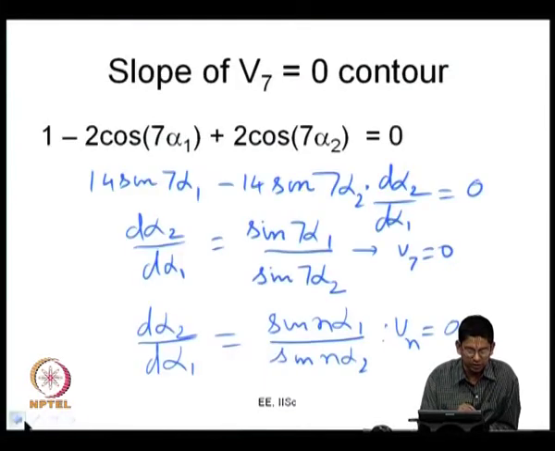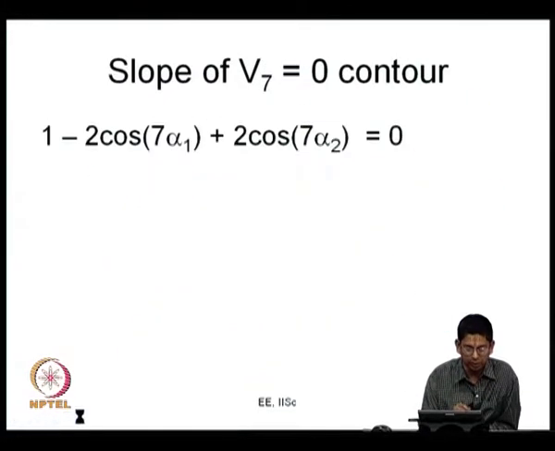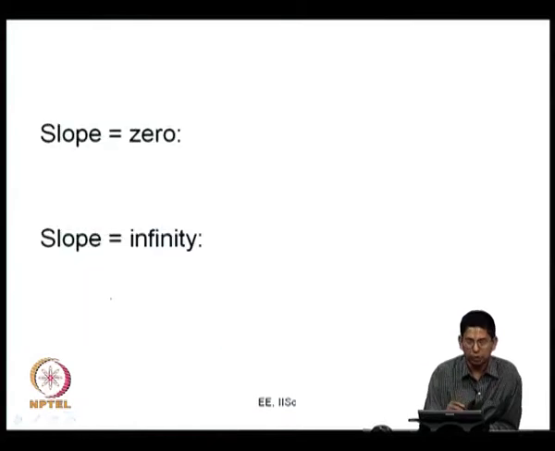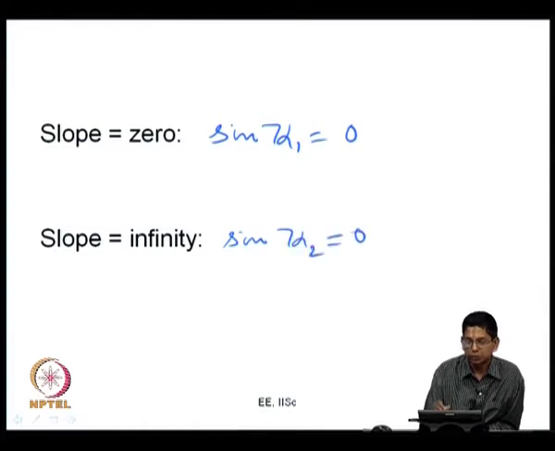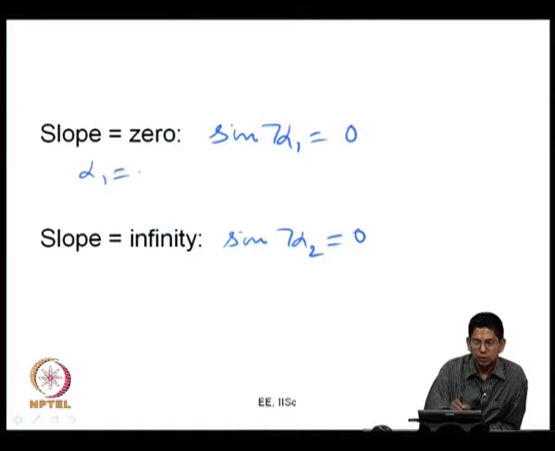So, these kind of sketches that we really saw, it is easier to come up with now. For example, if the slope is 0, what we mean is sine of 7 alpha 1 is 0. Here we mean sine of 7 alpha 2 is 0. So, there are values of alpha 1 for which you get 0 slope, that is alpha 1 is 0.